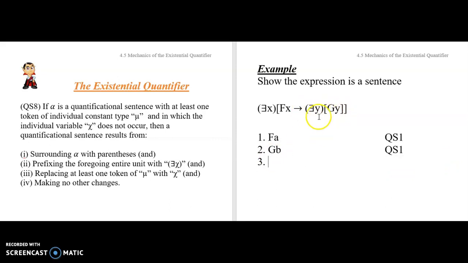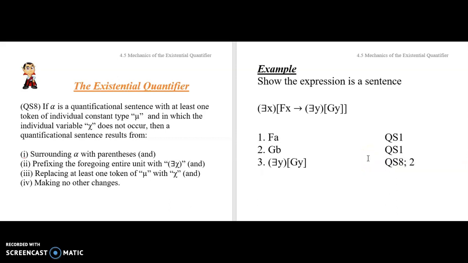What we're going to do instead is we're basically going to get this expression, right? And we're going to surround this entire unit with parentheses. We're going to prefix it with the existential quantifier in terms of y, which does not occur in there. So this is perfectly fine use of QS8. So that's QS8 on line 2.